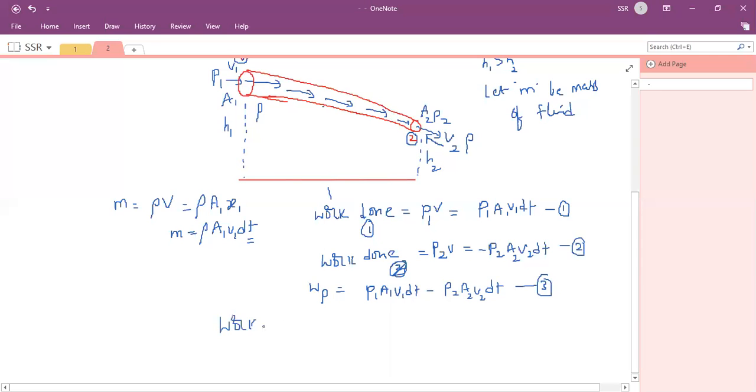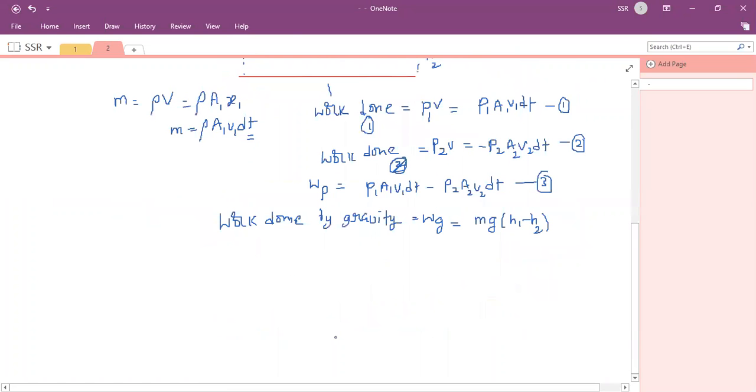Work done by gravity is Wg equal to mgh, that means mg into (h1 minus h2). Are you clear? From height h1 to height h2 it is reached.